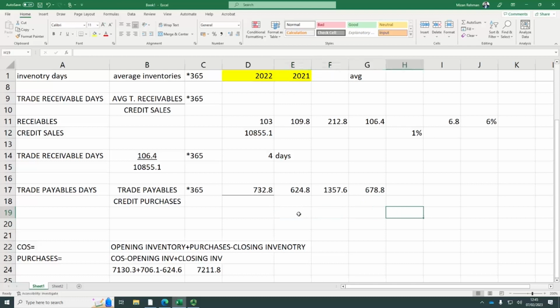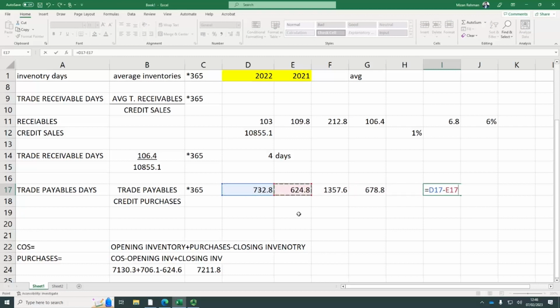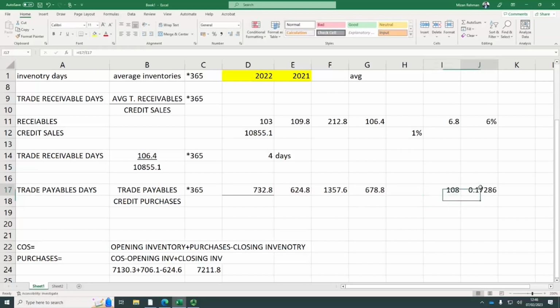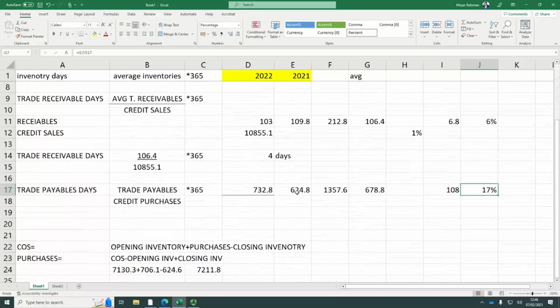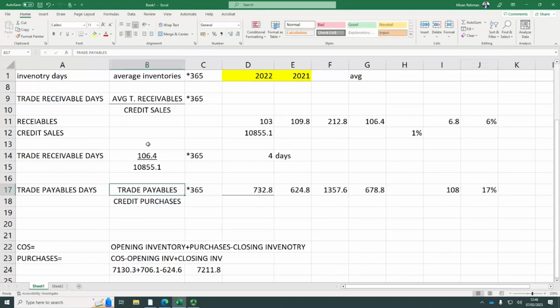The percentage change we have been doing for all of the figures, so let's do it for payables as well. Base year, 17%, 13%. So the payables change by 17%.